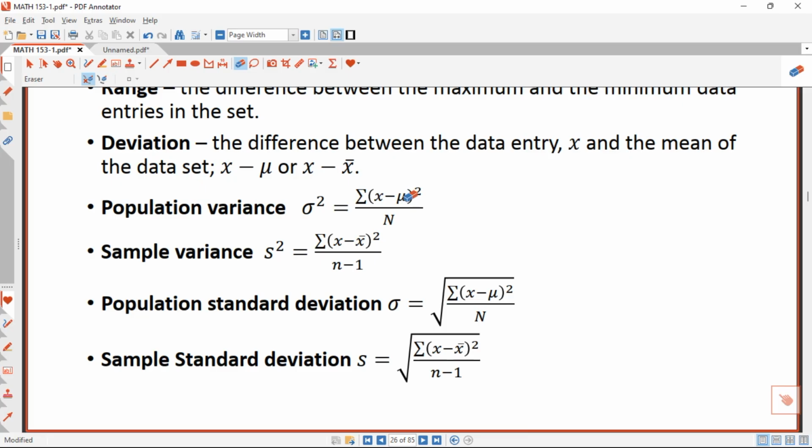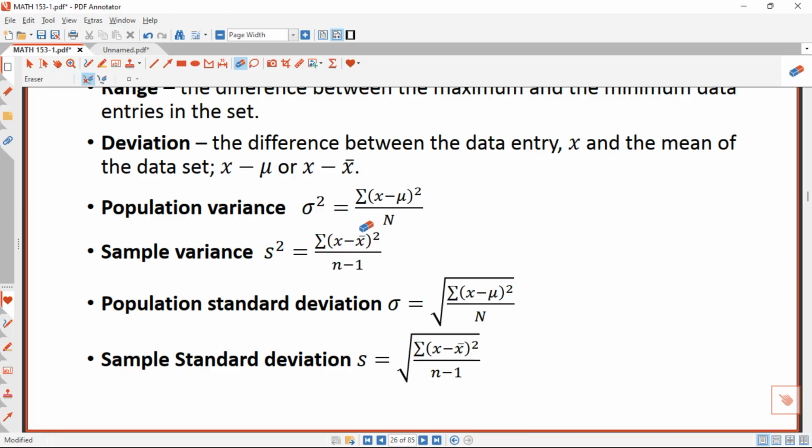The mu here is the population mean, and the x bar here is the sample mean, right? And here you see capital N, the population total number. Here the small n tells us that this is a sample number, so n minus 1. So that's the little difference between the population variance and the sample variance.